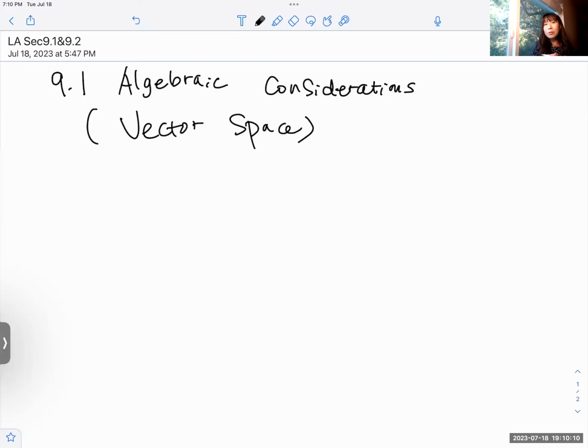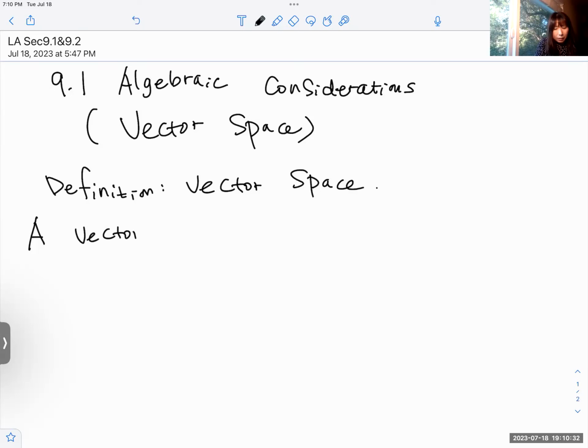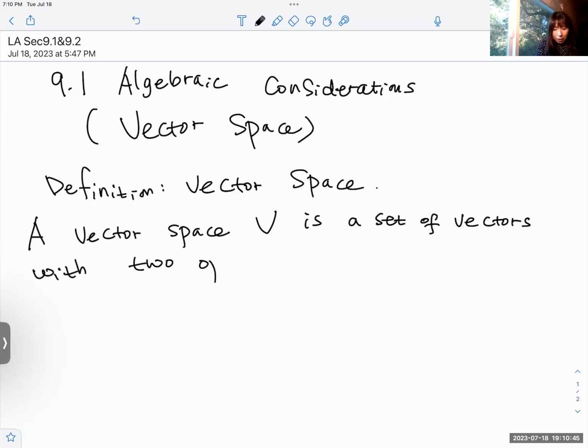Okay, so today we do section 9.1, vector space. I will write down the definition of vector space first. Definition: a vector space V is a set of vectors with two operations.